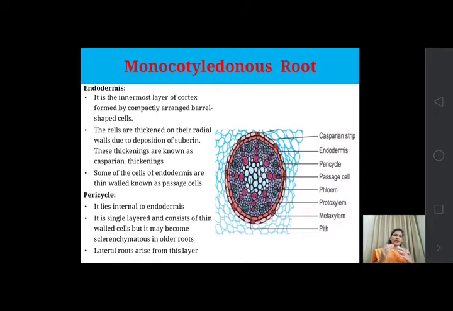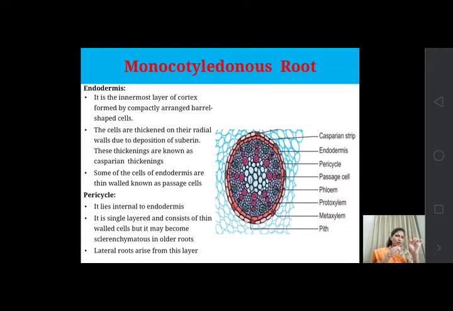But some of these cells of the endodermis are thin walled. You can see in the figure, it is labeled as passage cells. These passage cells you can see against the protoxylem. The red colored rounded structure you can see, and just against that rounded red structure, you can see the labeled arrow, that is passage cells.